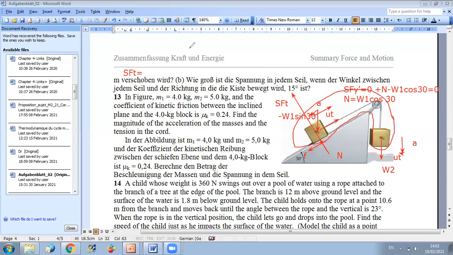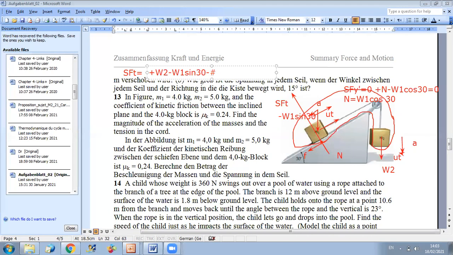So when I do sum Ft, for M2 I have only plus W2, while for M1 I have minus W1 sine 30 and minus the friction. So sum Ft equals plus W2 minus W1 sine 30 minus the friction. And what is the friction?